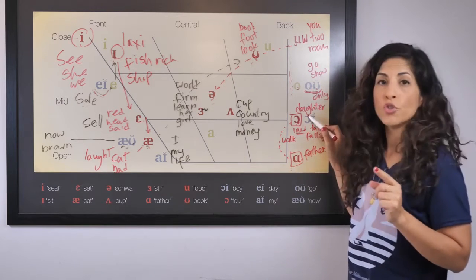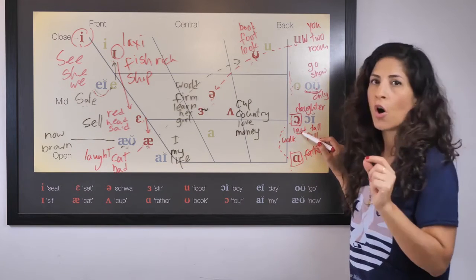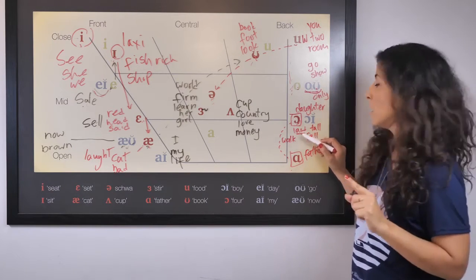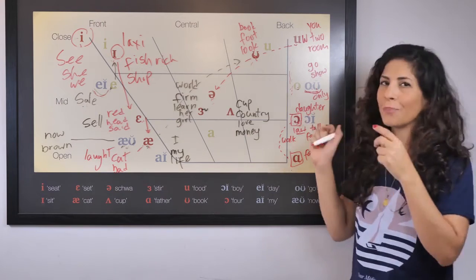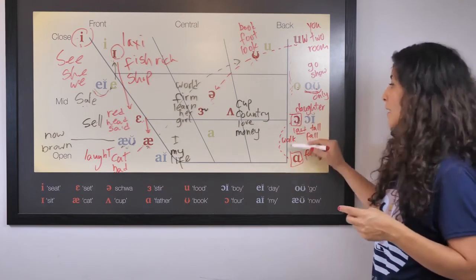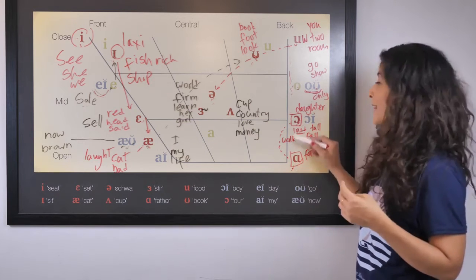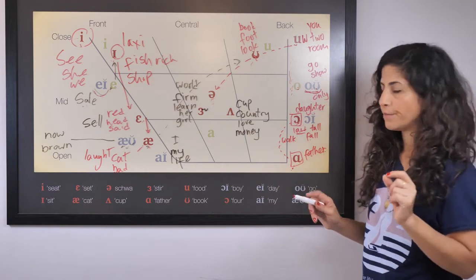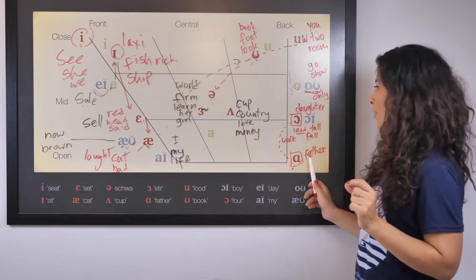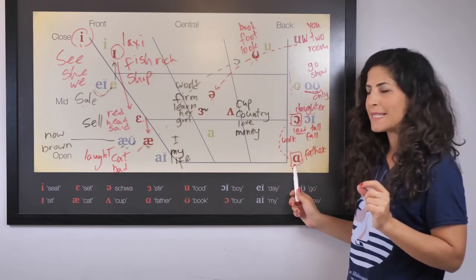So instead of daughter, you'll hear daughter. Instead of law, you'll hear law. Fall, right? Basically the difference between those two is that if it's lower on the chart, that means that the mouth is more open and the lips are less rounded. Ah, right? Father, law.